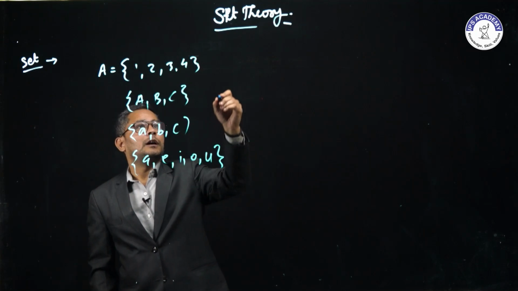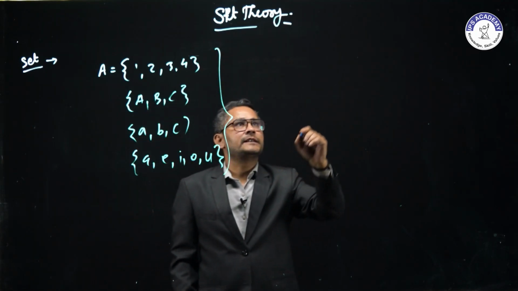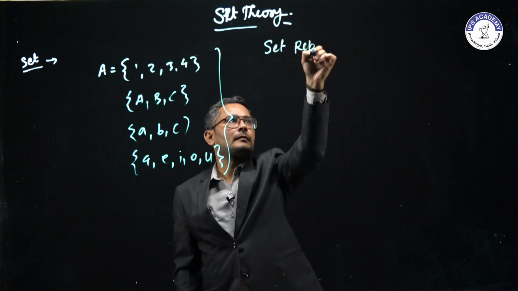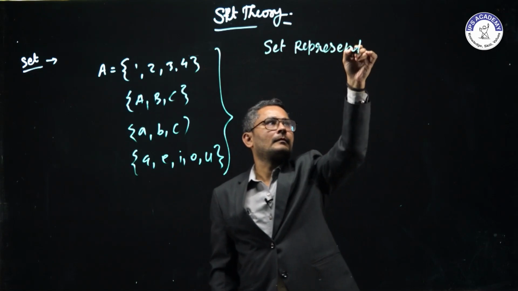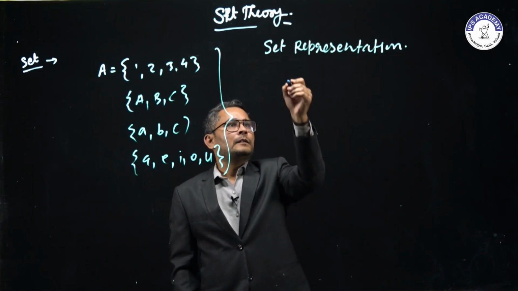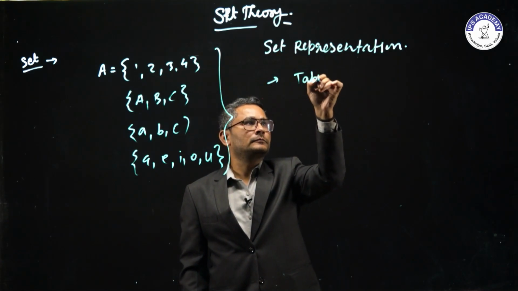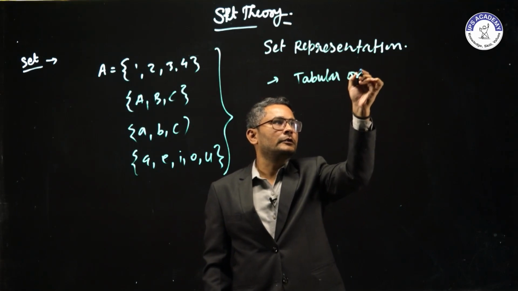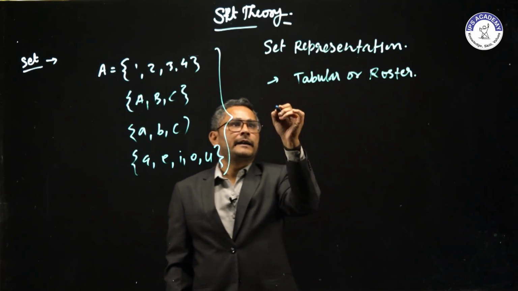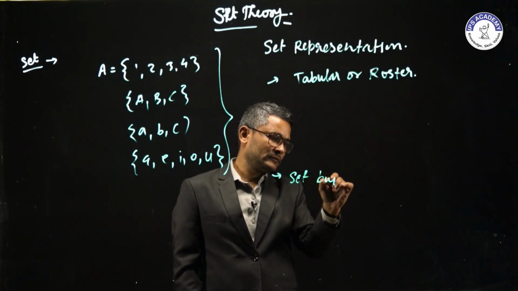Next, how to represent the sets? There are two forms of representation. First is tabular, also known as roster, and second is set builder.